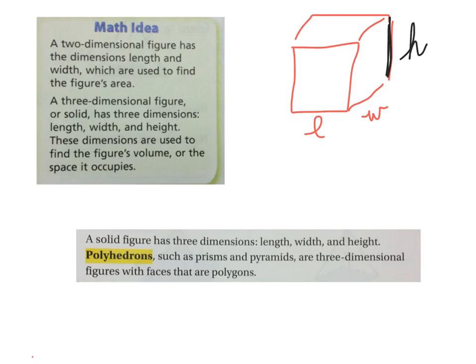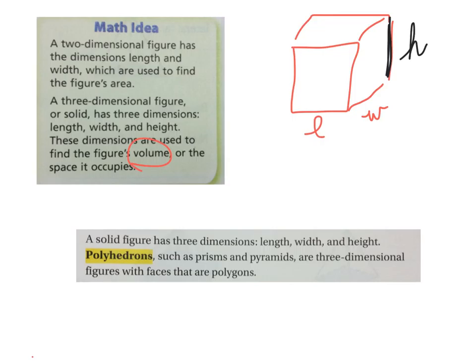That's why 3-dimensional figures are called 3-dimensional figures, because they have 3 dimensions: the length, how long it is, the width, how wide it is, and the height, how high it is. These 3 dimensions are used to find the figure's volume, or the amount of space it takes up.